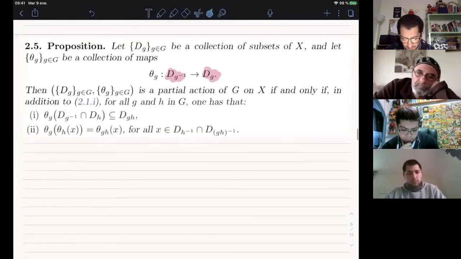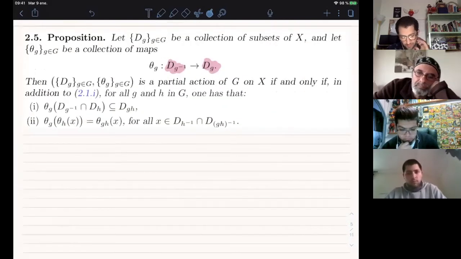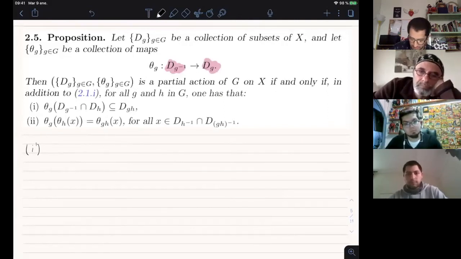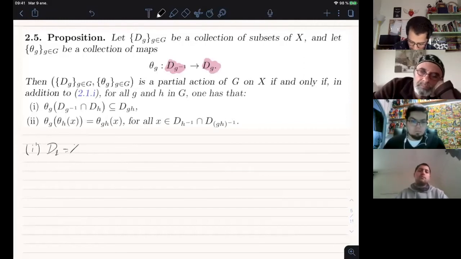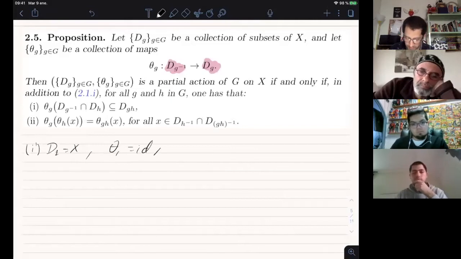And then what we do in this proposition is we use the first condition, which I'm going to call I prime, which was that D1 is going to be the whole space, and theta 1 is going to be the identity on the whole space.